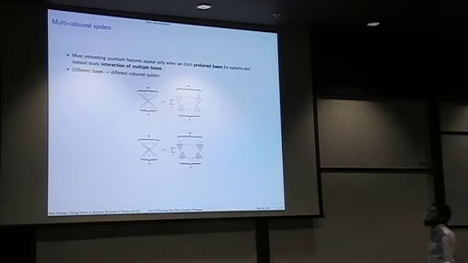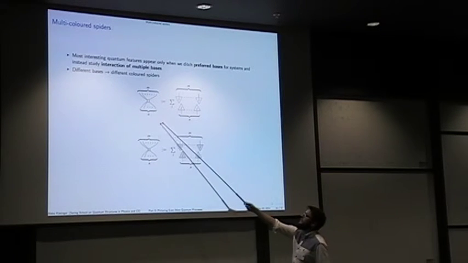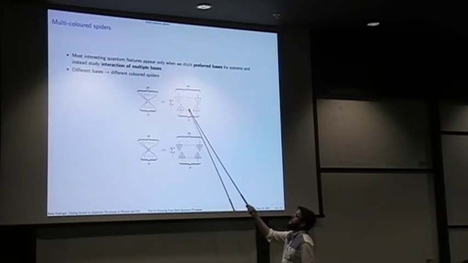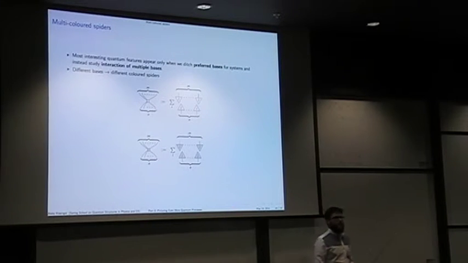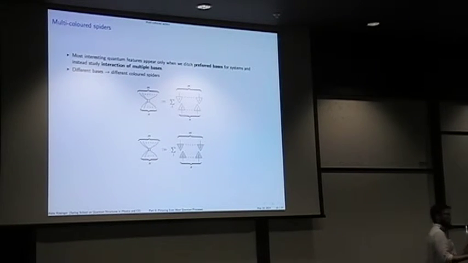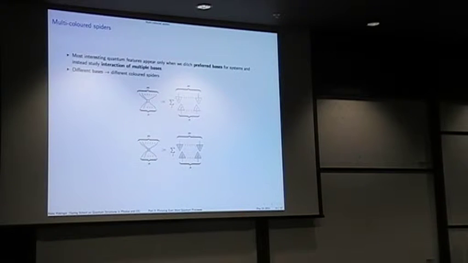So you could think of this white spider as being the spider which represents the computational basis. And this gray spider is the spider which represents the plus basis. Right, so now we have 2 bases around, and we're going to look at how these spiders interact with each other to explain various aspects of how these 2 contexts interact with each other.